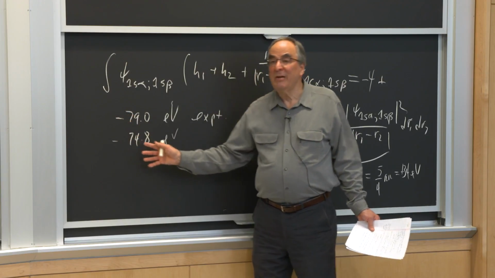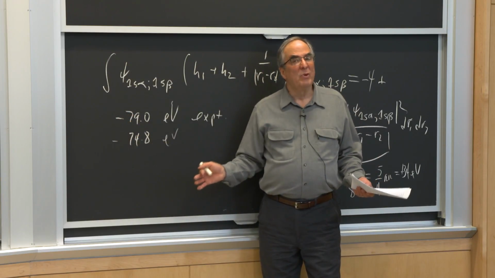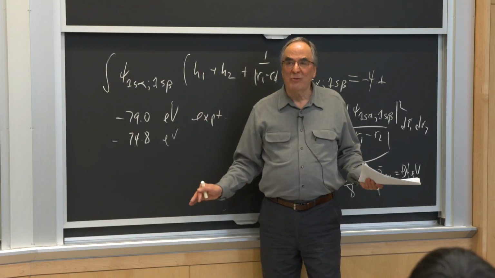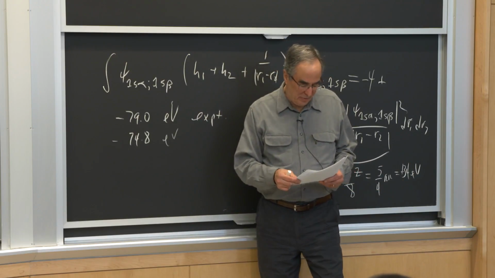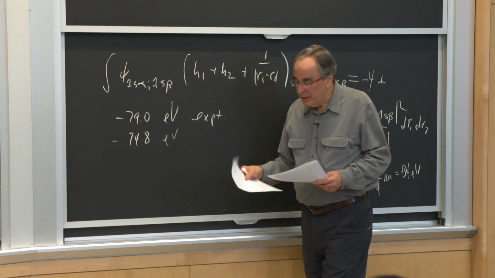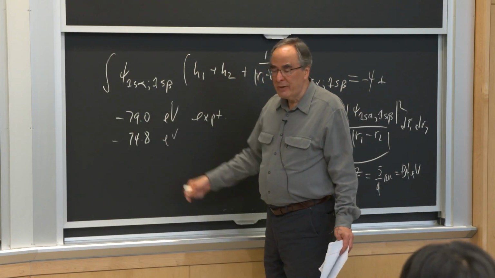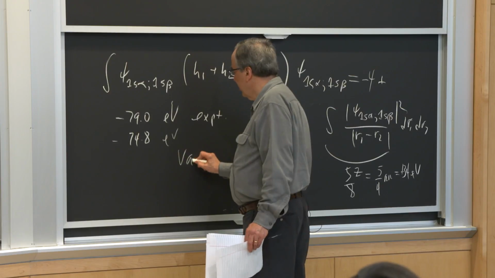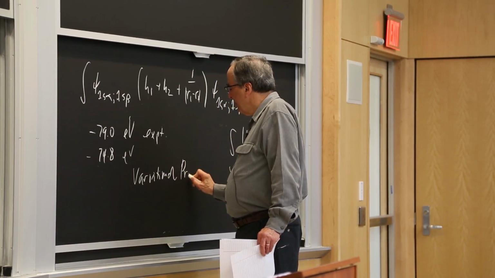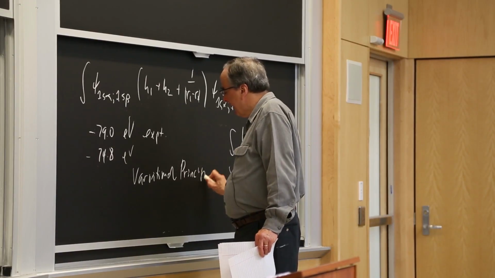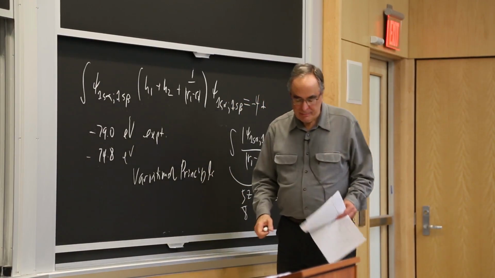And so we can do stuff with this. We know that it's not accurate enough to do anything quantitative, but you can use it for qualitative arguments. And we can do much better than this using what's going to be called the variational principle, which is coming. Okay.